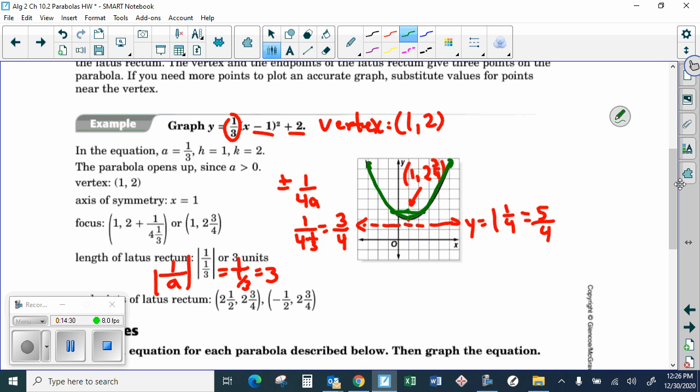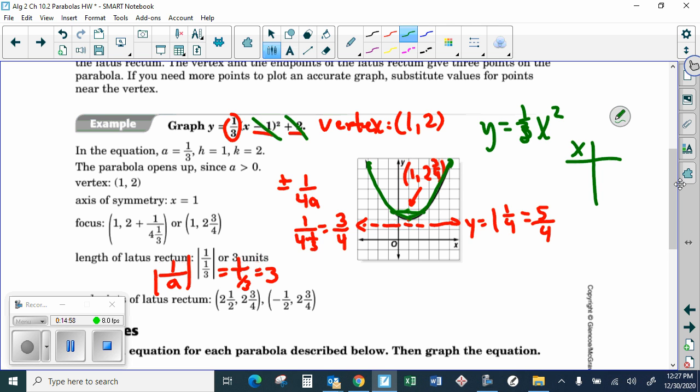Now, did you have to do that? No. Remember what I told you before. Once I've got the vertex (1, 2), the general shape of the graph, as I showed you before, is y equals 1/3 x squared. The vertex (1, 2) is now the new origin I'm going out from.